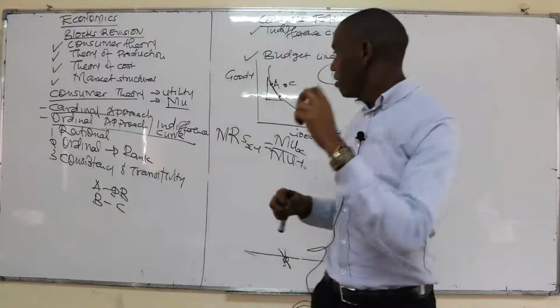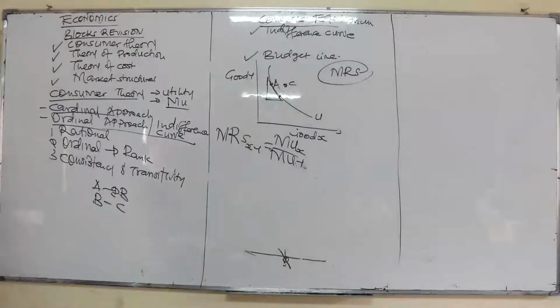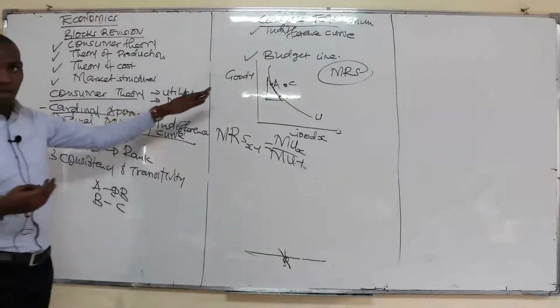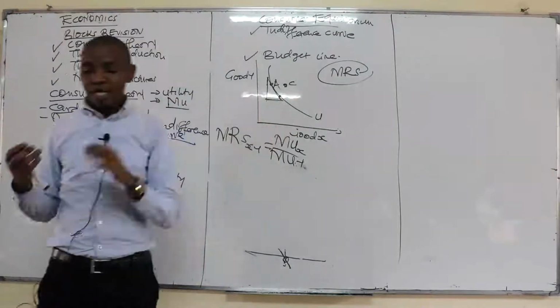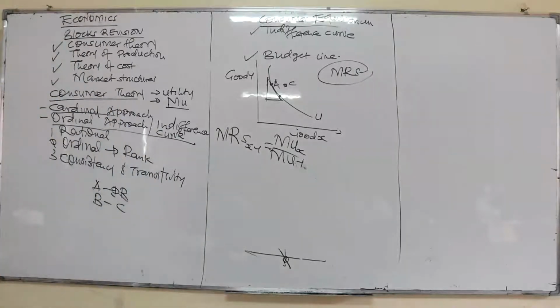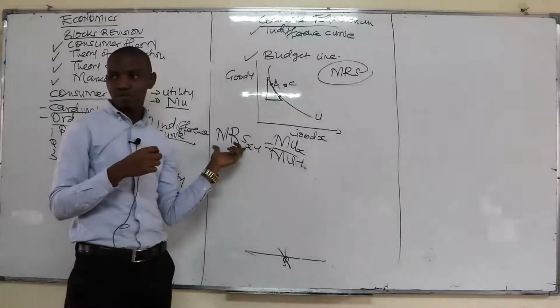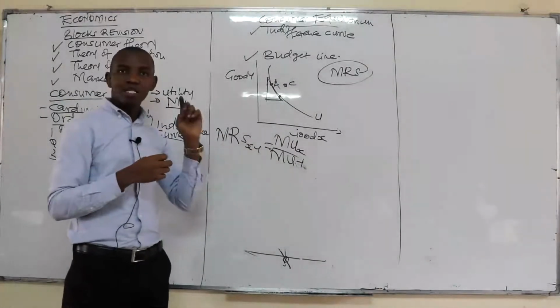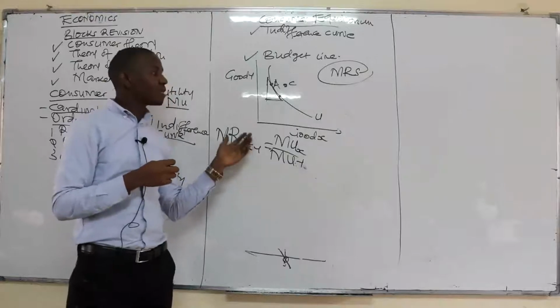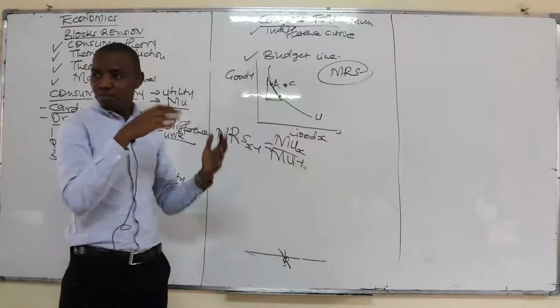When you check the slope of the indifference curve, as we said, the absolute value of the slope of the indifference curve is what we call the marginal rate of substitution. And as you can see, the marginal rate of substitution will always be diminishing.